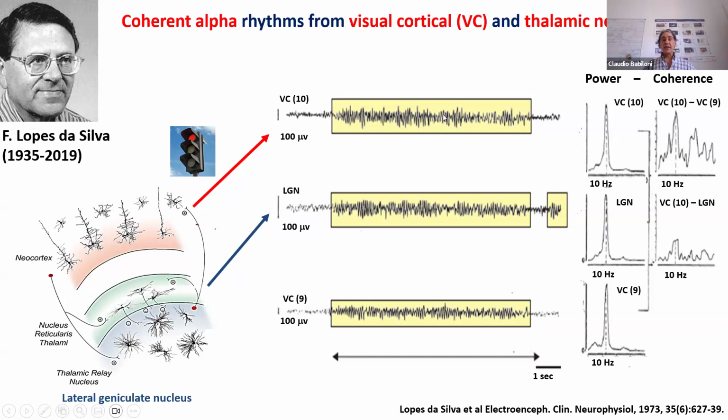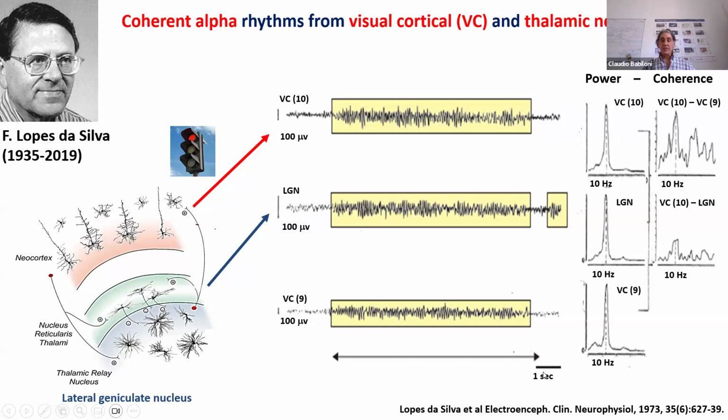And during the same recording, he was able to record from lateral geniculate nucleus, the visual sensory thalamus. This is a recording quite similar to that of Professor Vincenzo Crunelli showed in a previous slide.